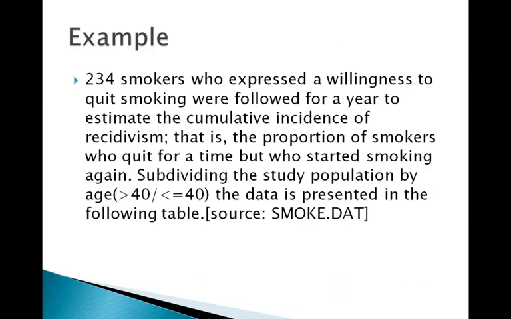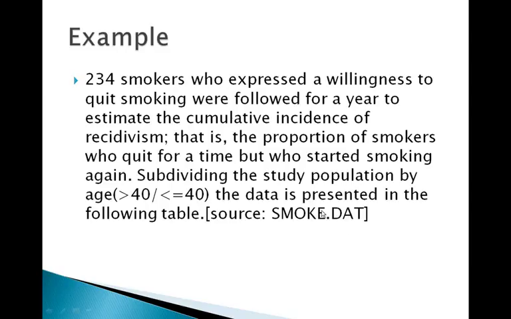The example that we're going to look at here includes 234 smokers who expressed a willingness to quit smoking and were followed for a year to estimate the cumulative incidence of recidivism. That is the proportion of smokers who quit for a time but who started smoking again.